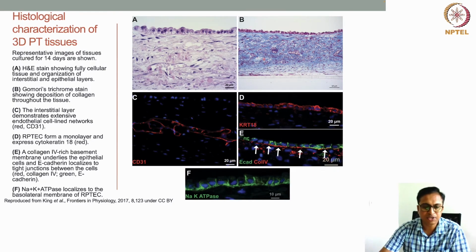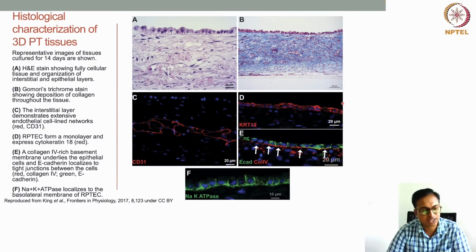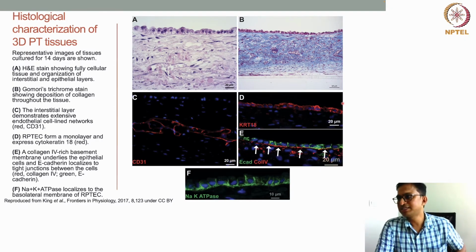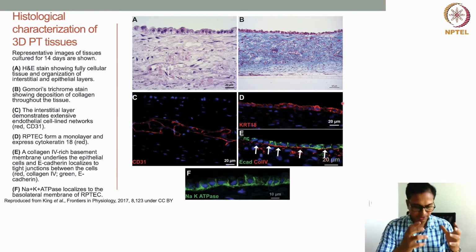So in this particular work also they have tried to reproduce a proximal tubule and interstitial interface, and they have tried to see whether the physiological function of this 3D permeable tissue can be re-established or not.